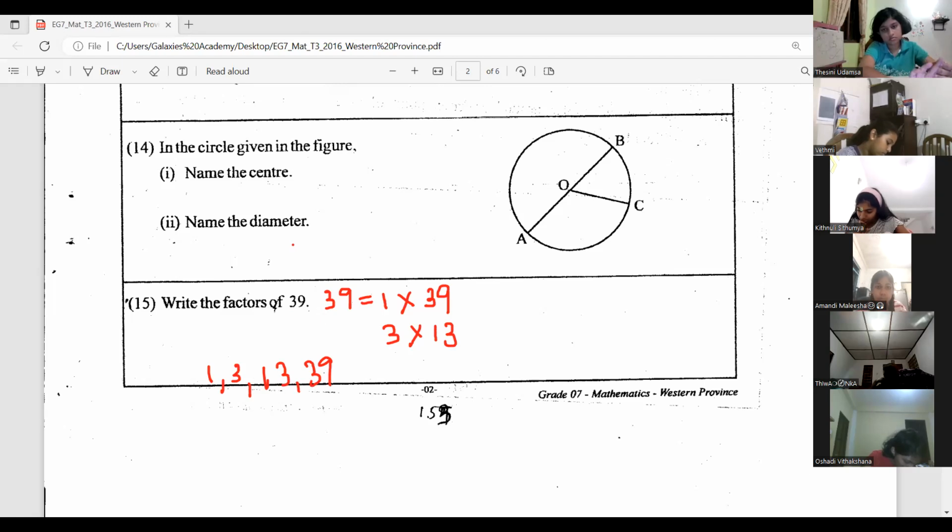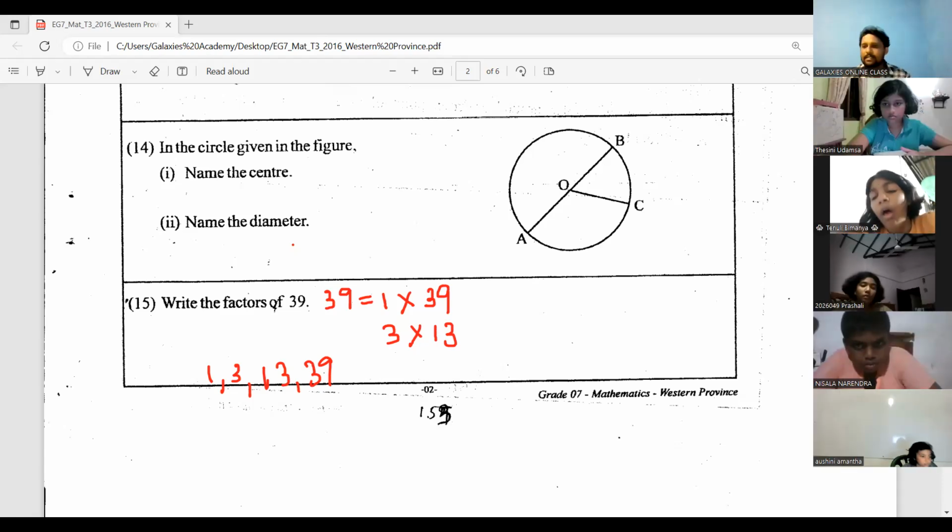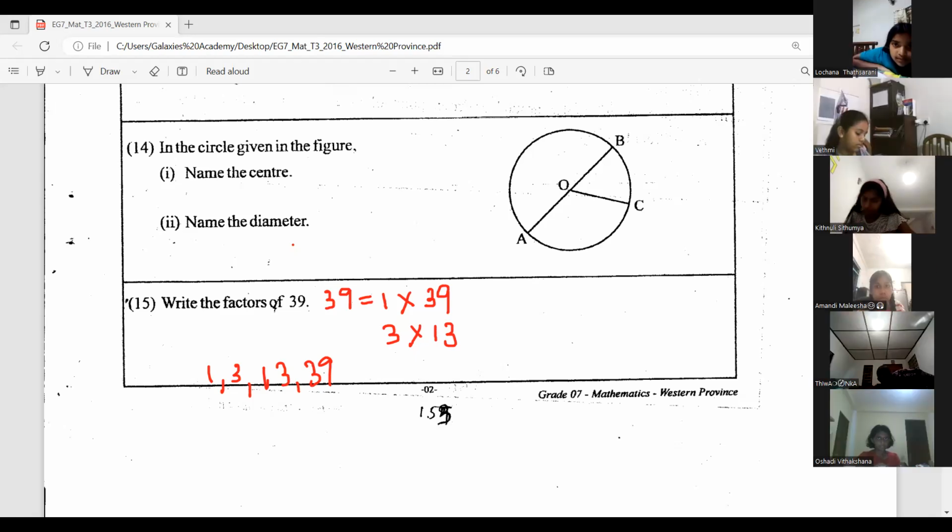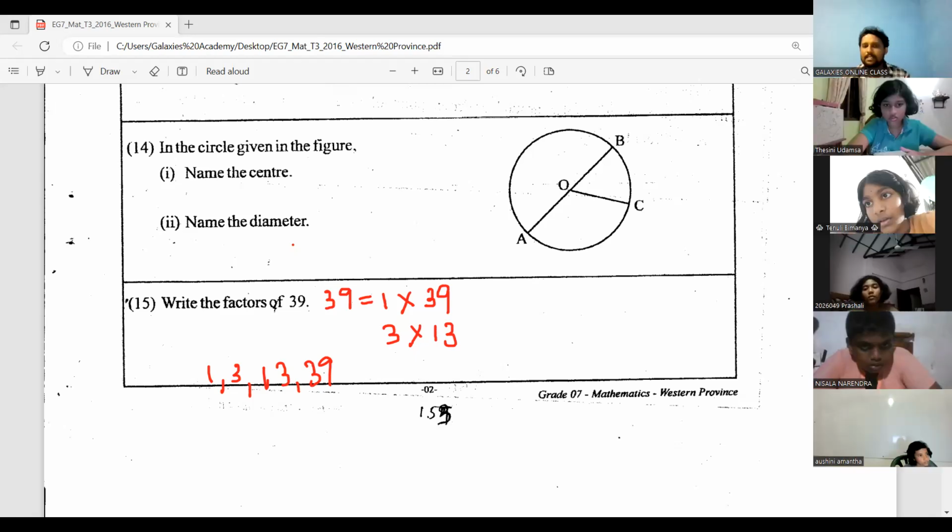Tessini, can you tell me, is 39 a prime number or not? It is not a prime number. Why? Because it has more than 2 factors.